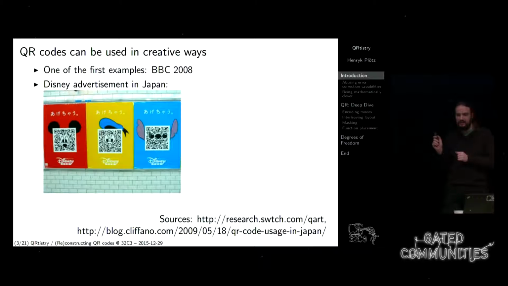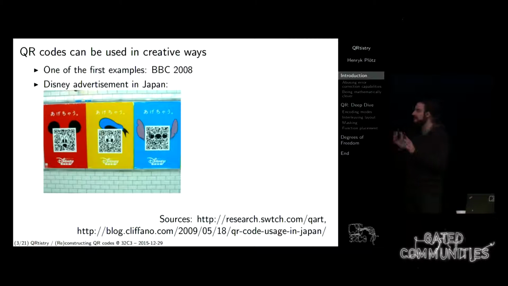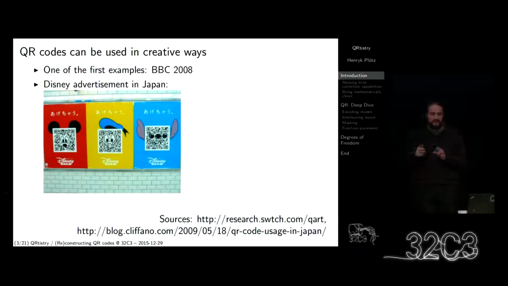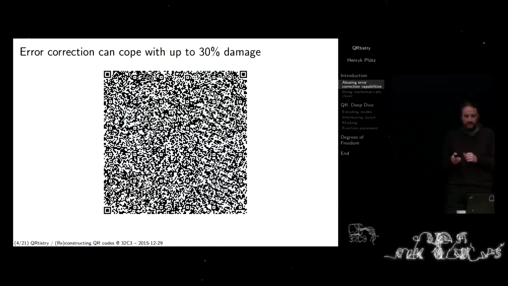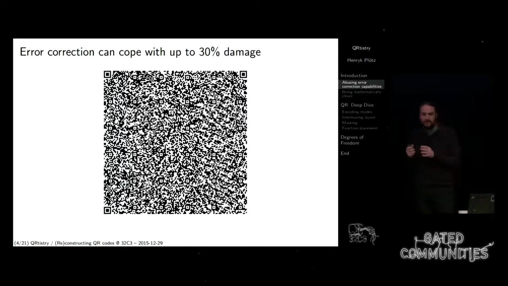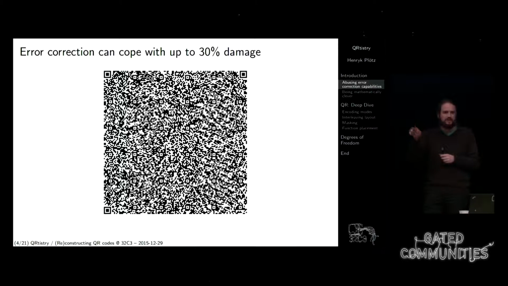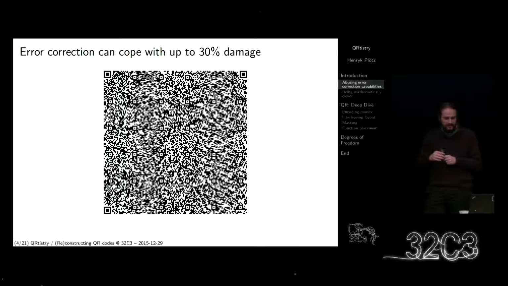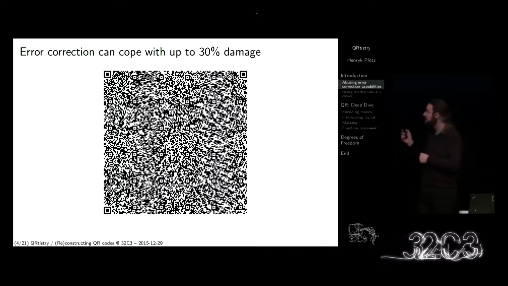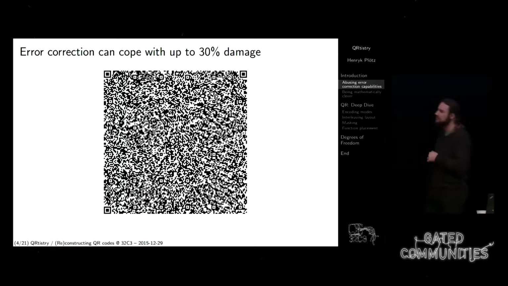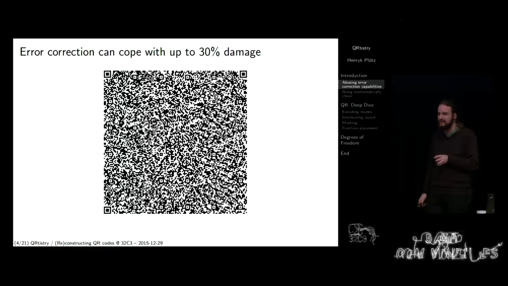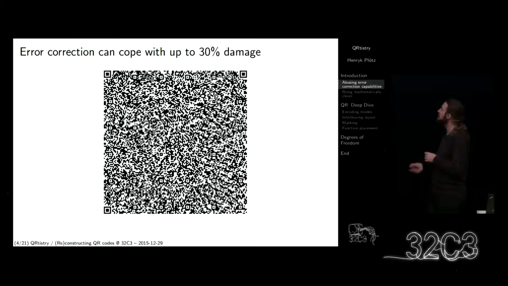For these examples, like I said, these aren't properly integrated, they are just overpainted. That works because a QR code can handle a lot of damage. People might smudge and there might be coffee stains on the QR code. That's why there's error correction in there. And if you look at this code and this code, a human might not be able to see the difference that easily, but I've inverted a lot of the pixels, which means they are damaged.